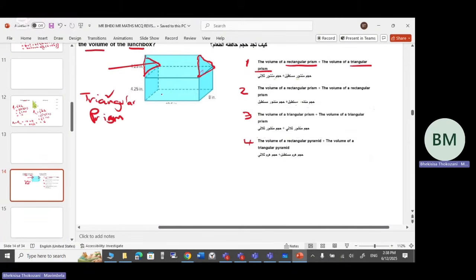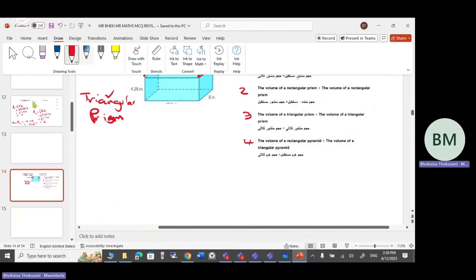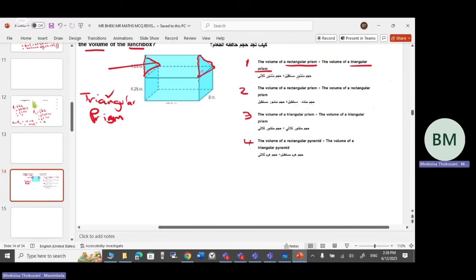All right. Then we have this other part at the bottom here. Now if you look at this one here at the bottom, it has a rectangular base.